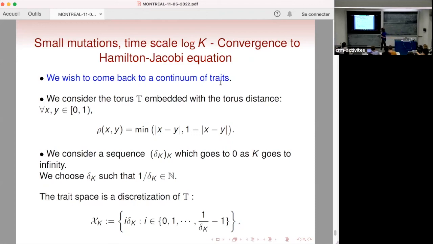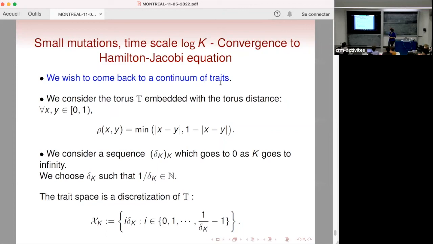So we will stay in the time scale logarithm of K. But here we wanted first to arrive at the first Hamilton-Jacobi equation obtained by the group of Perthame, Barles, Mirrahimi, which was not with an assumption on the mutation probability, but on the step of mutation. So you always have this play between rarity and size of mutations.